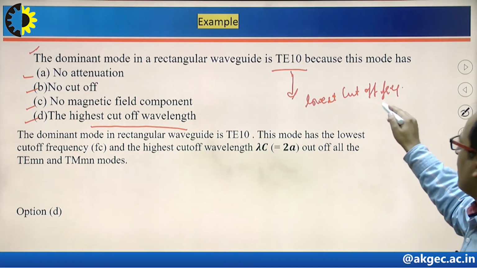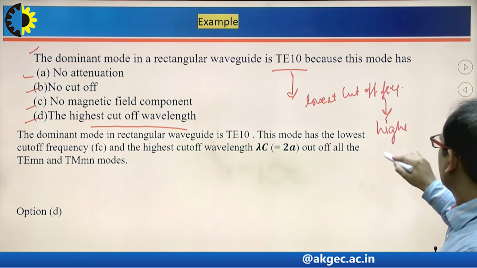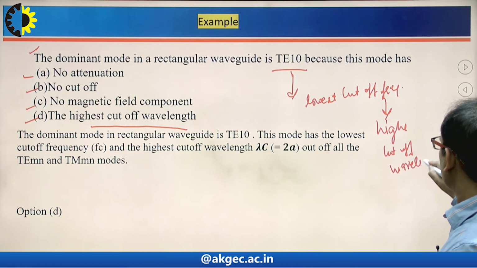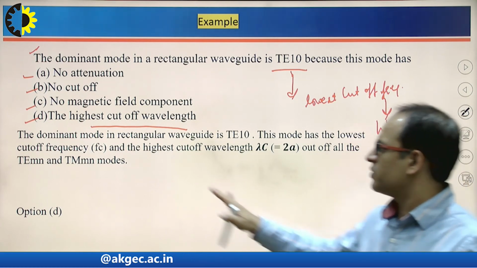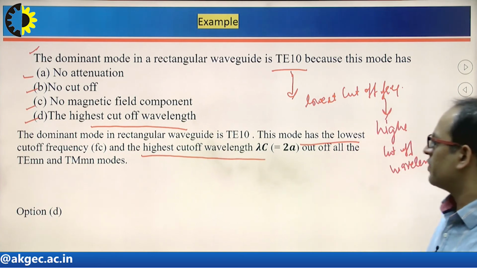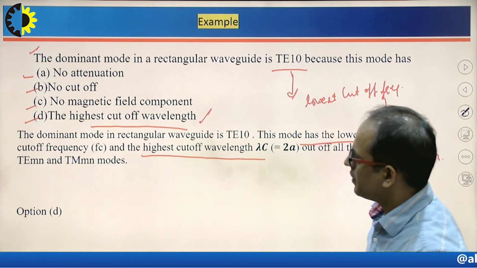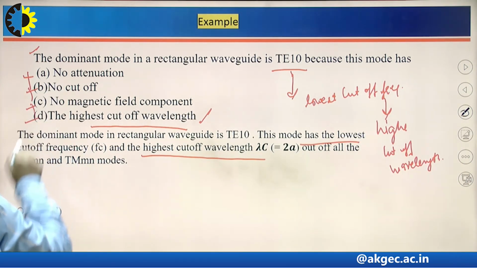When I say it has a low cutoff frequency, in terms of wavelength it is a high cutoff wavelength, because frequency is inversely proportional to lambda. That's the dominant mode: it has the lowest cutoff frequency and the highest cutoff wavelength. The option is D. Clear? So all the other options are wrong.